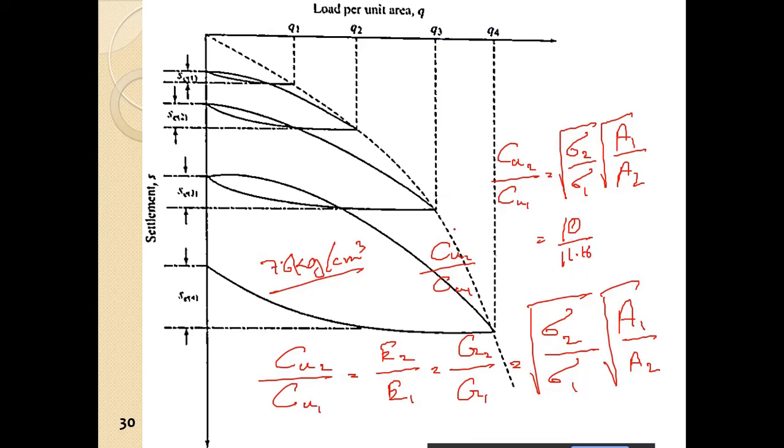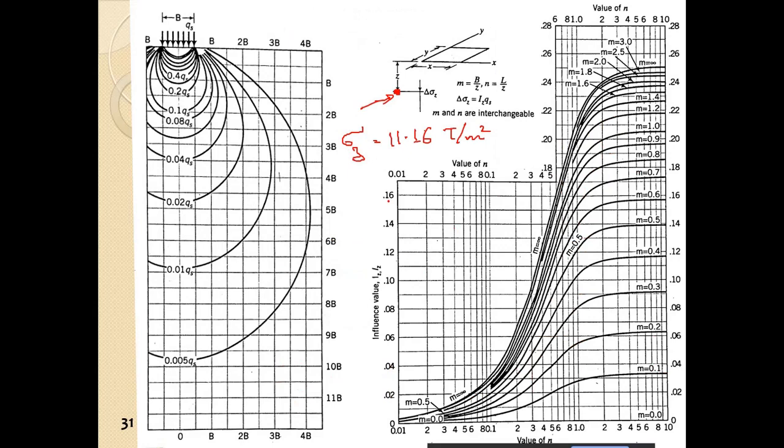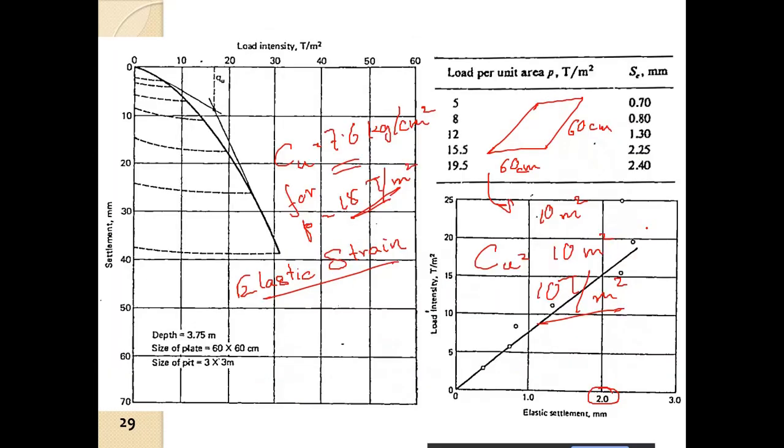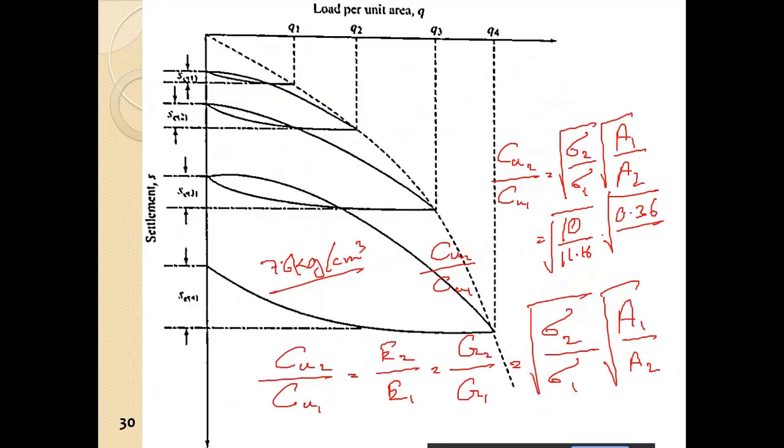So that is at a depth of 0.3 meter. Then about the area: A1 is 0.36, so this is 0.6 into 0.6, 0.36.